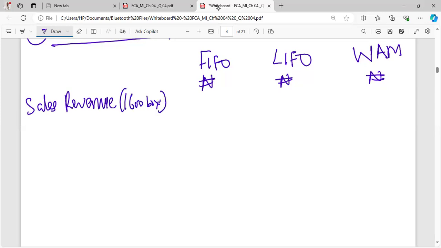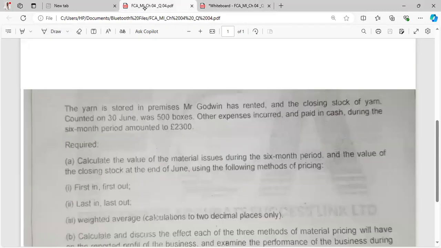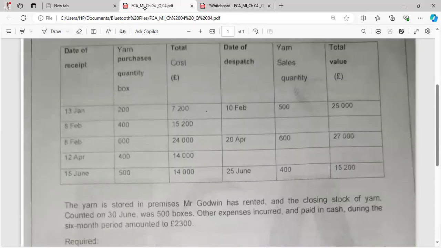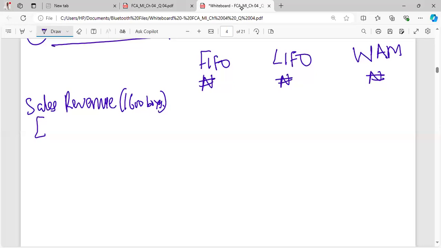All those issues were all revenue. At how much? So we see the values 25, 27, 15.2. So what we do, we add them. These are the values. We are not interested in the selling price per unit.